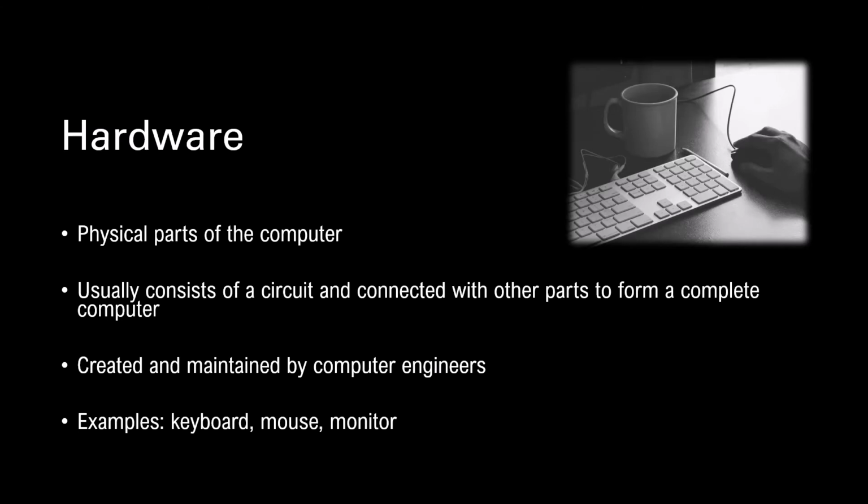So it usually consists of some sort of circuit. It's connected with other parts, other hardware devices in order to form a complete machine. So for example, you can have circuits from the keyboard attached to the monitor, the screen, circuits from the touchpad attached to the screen, and so forth.